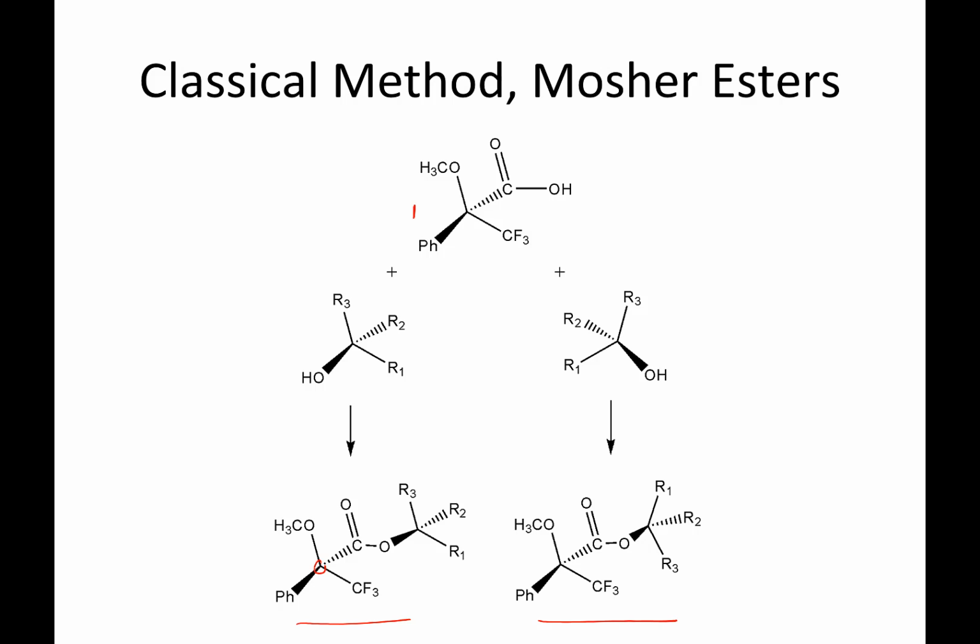One where the chiral center was the same, and one where the chiral center was opposite. So those two were opposite in configuration. Those two centers are the same. And so what you would make is a set of diastereomeric esters. And then what Mosher was able to do was to use a column and separate these two esters out, put them in two separate test tubes, and then he has separated basically the enantiomers.